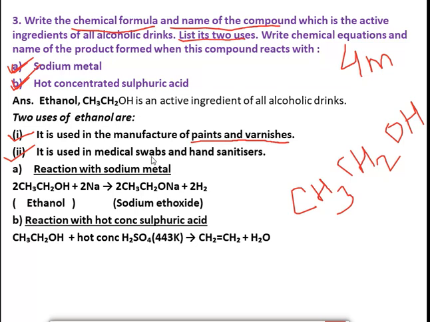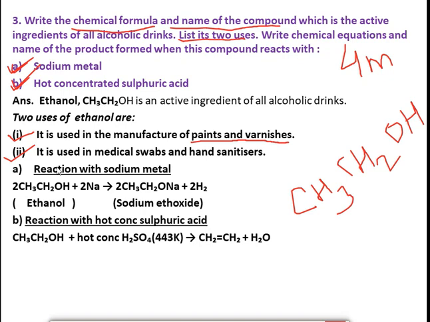So that is used in the medical labs, and also it is used in hand sanitizer. If you check the composition of the hand sanitizer, meaning what are the ingredients or substances present in it, you will see that alcohol is present there. Sorry, ethanol is present in that hand sanitizer. So these are the 2 uses of your ethanol.